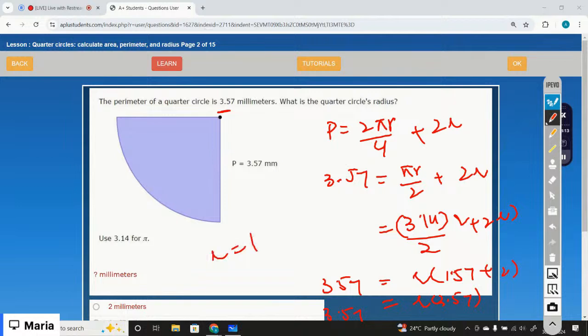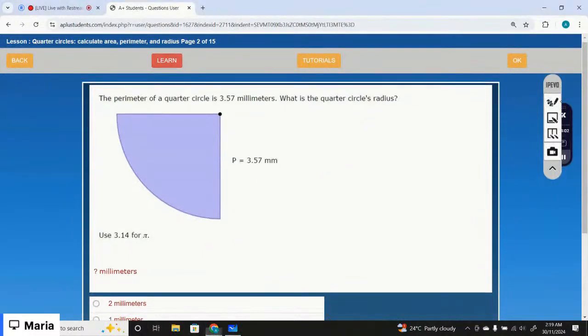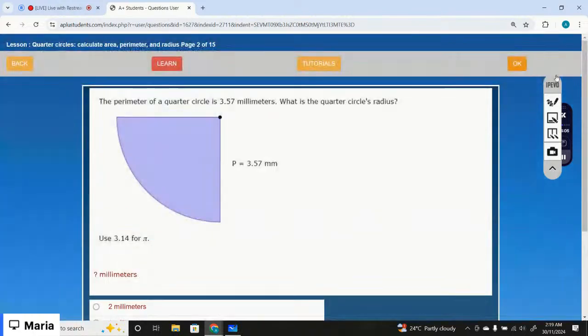The correct option is r equals 1 millimeter. Option number 2 is the correct option.